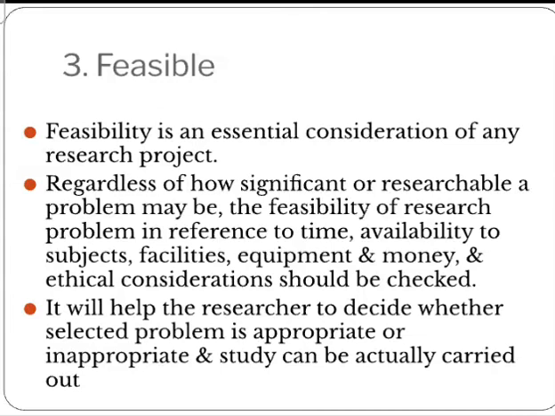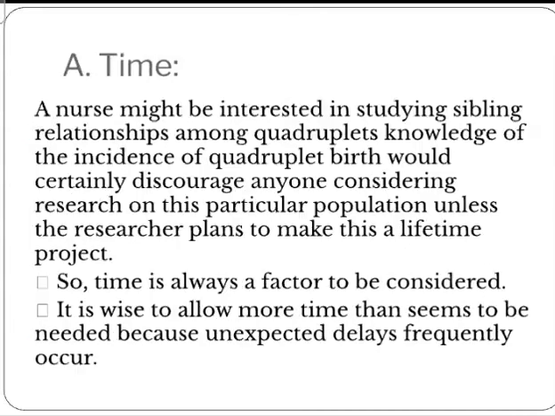Let us see what all comes under feasibility. The first one is time. You should know the time period you are going to take for your research. For example, in BSc nursing, according to the Kohas University, it is 2 weeks.